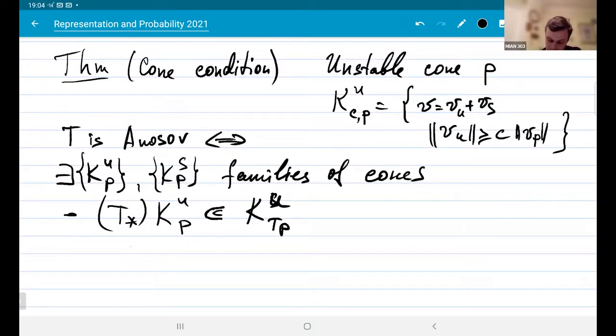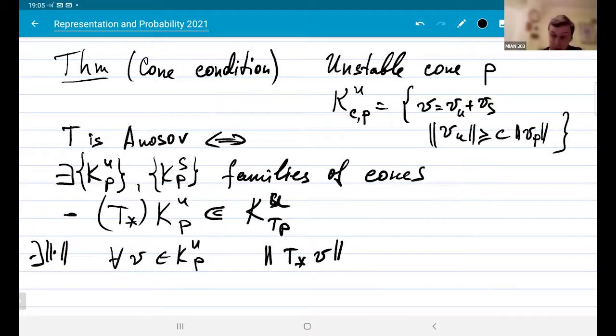And moreover, for any V in K_P, the norm of the image... okay. The second condition is a bit delicate. There exists a good Riemannian metric such that there exists lambda positive, more than one.